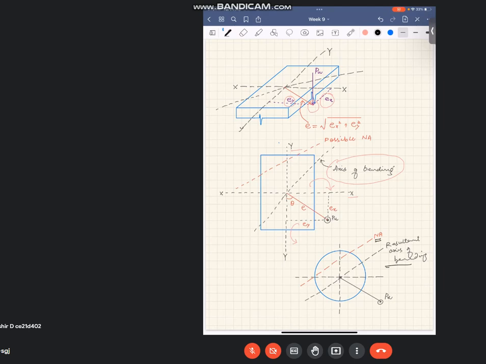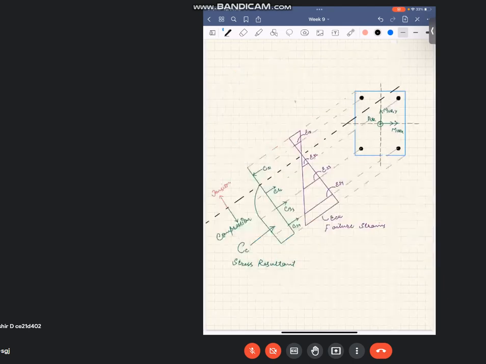So moving forward, I have shown here a column section which has four rebars at the four corners. MUX is the moment acting along one axis, and MUY is along the y axis, the other axis. Pu is the axial load acting on it. If the moments are such that they create compression here and tension here, that is why I have shown the possible neutral axis here, like this.